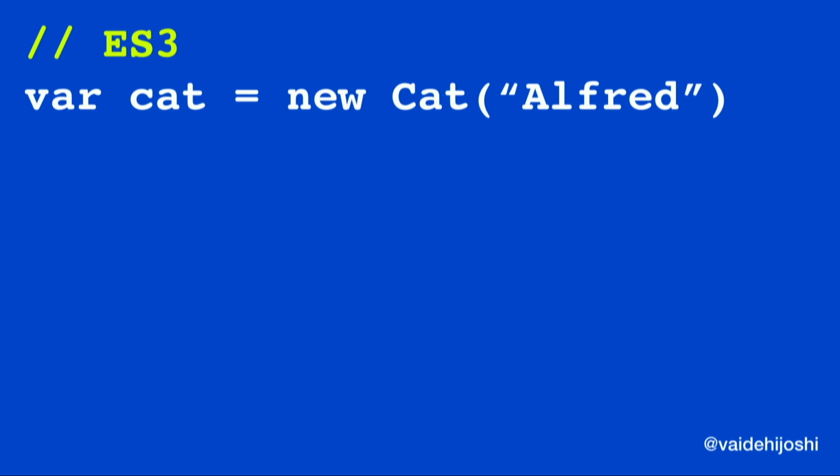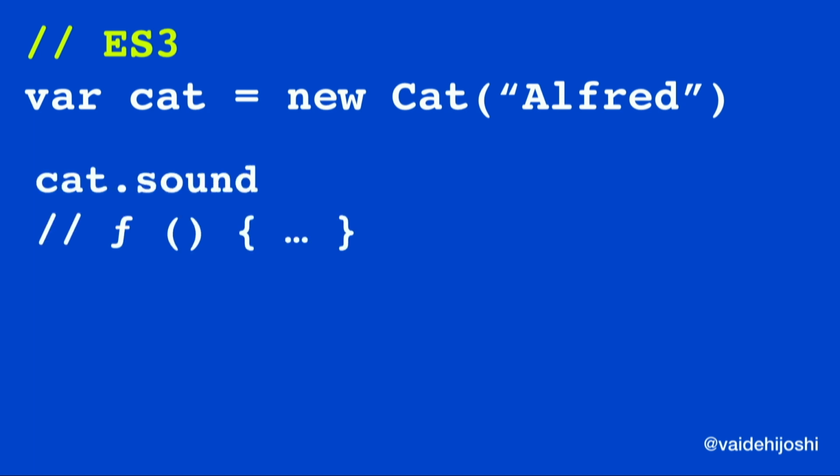But there was one really annoying aspect to this, which is that if you wanted to create a new instance of this class, like creating this new cat named Alfred, and then you wanted to call the property sound on it, if you just invoked it as though you were using dot notation, you wouldn't actually get the return value of the function. You'd get the function itself, which a lot of the times is not what you're trying to do.